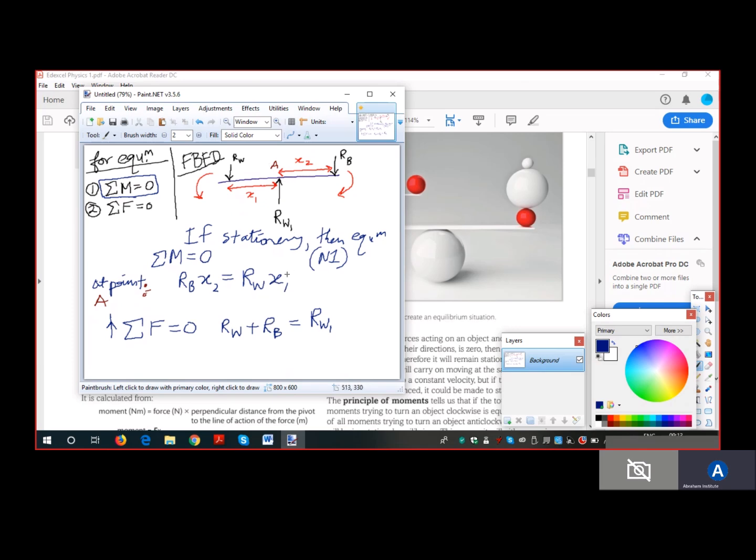Now all the calculations we will see are based on this. The sum of clockwise moments equals the sum of anti-clockwise moments, and the sum of forces in one direction is equal to the sum of forces in the opposite direction. This is what you will have in all the principle of moments calculations.